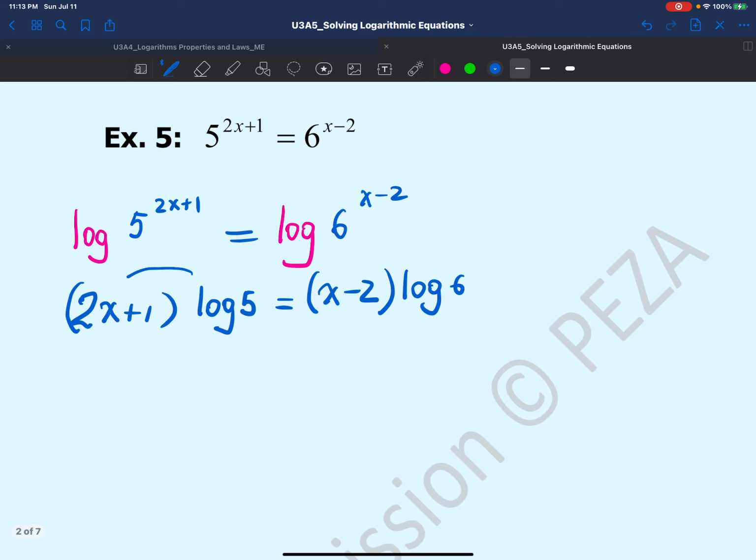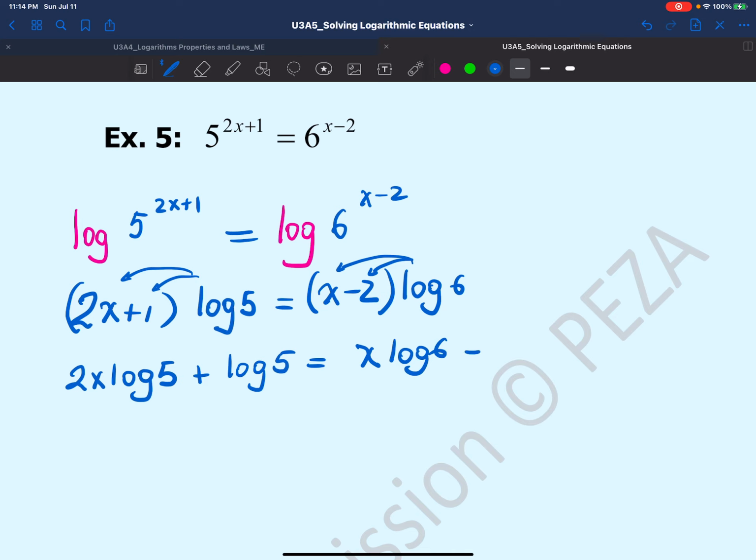And now we can expand: multiply by log 5 every term in the left side, and by log 6 every term in the right side. And then we have 2x log 5 plus 1 times log 5 equals x log 6 minus 2 log 6.